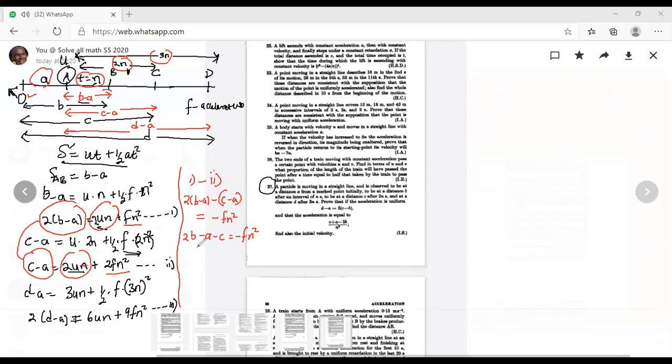The question wants us to first get the acceleration f. f is equal to 2b minus a minus c over negative n squared. When I divide through by the negative, I'll get f is equal to c plus a minus 2b, all over n squared, which is this one.